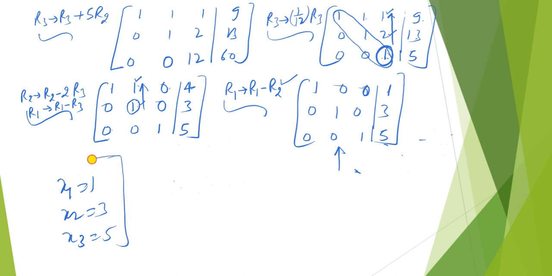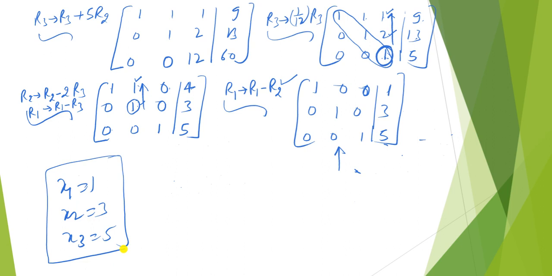So the values x1 is 1, x2 is 3, x3 is 5 are the solution of the given system of linear equations. Now this is a system having 3 unknown variables.